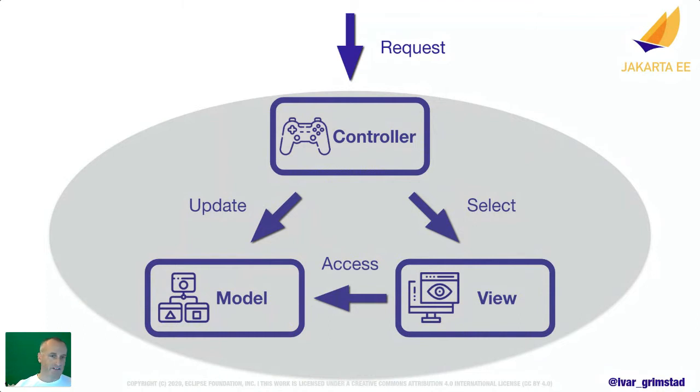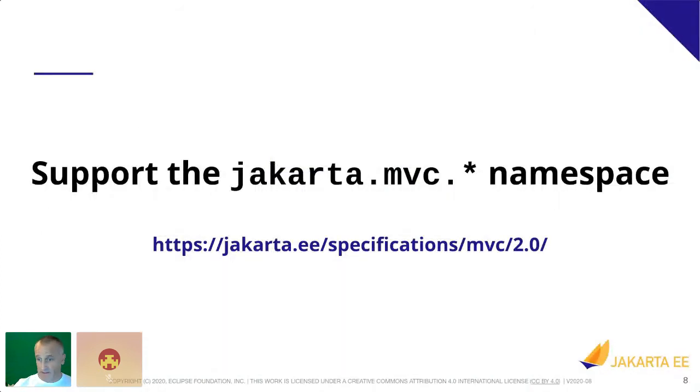The Faces servlet does the controller functionality of JSF, and you just focus on the model and the view. Whereas in an action-based MVC like Jakarta MVC, the controller is all up to you as a developer to implement. So you have full control over the view, model, and the controller. I'll show you this in code in less than a couple of minutes.